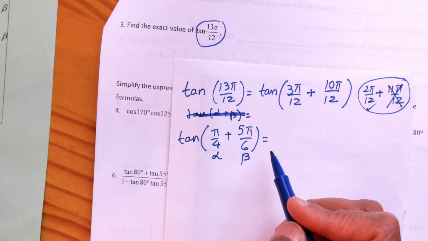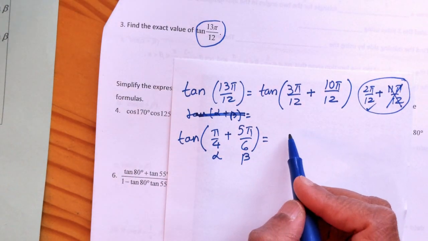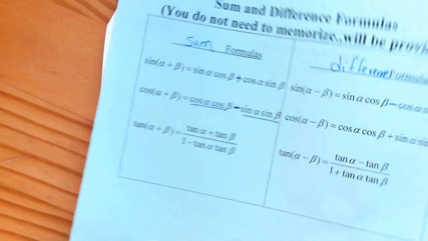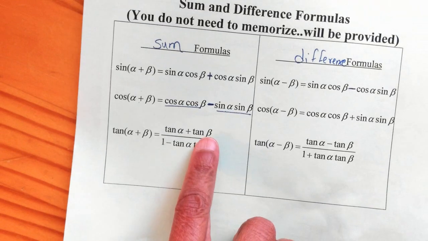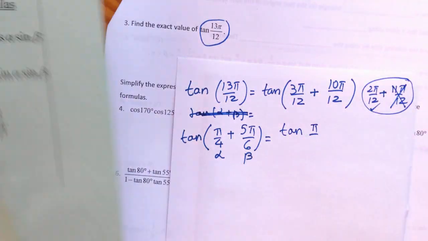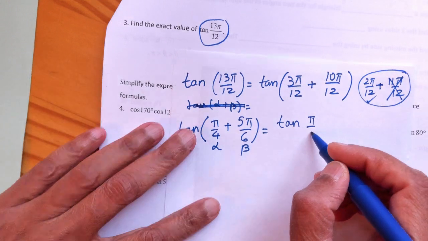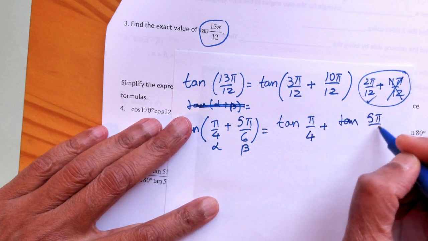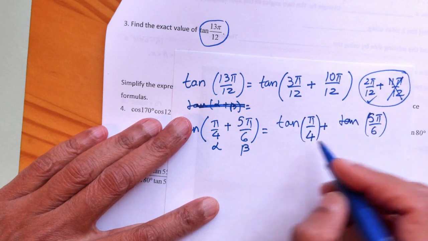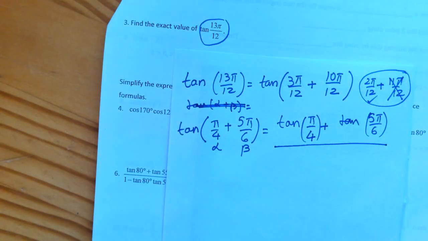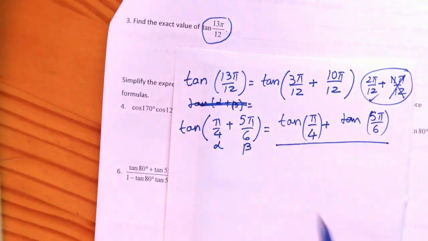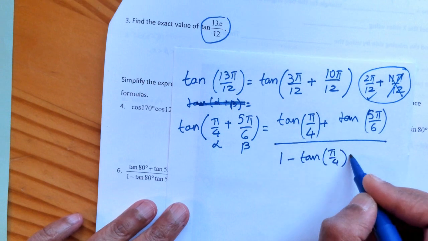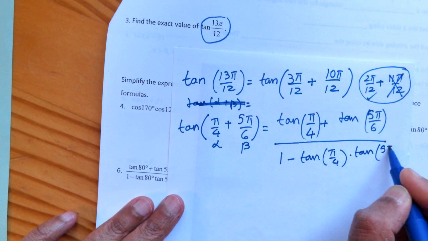But basically, if you look at the formula sheet for tan alpha plus beta, it is tan alpha plus tan beta. So tan of pi over 4 plus tan of 5 pi over 6. Everybody good? Over, and then it says 1 minus tan alpha tan beta.